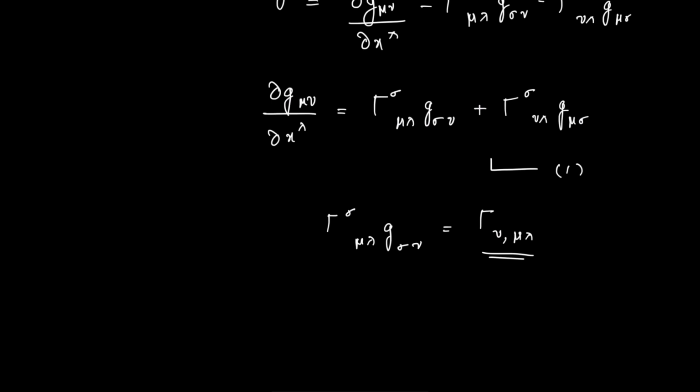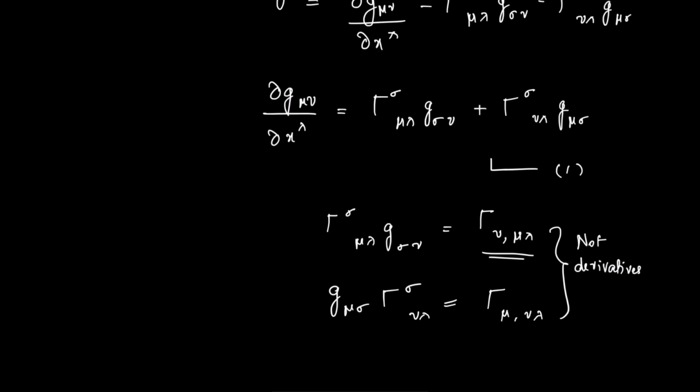Similarly, I can define G mu sigma Christoffel symbol sigma nu lambda as Christoffel symbol of mu comma nu lambda. These are just a notation.